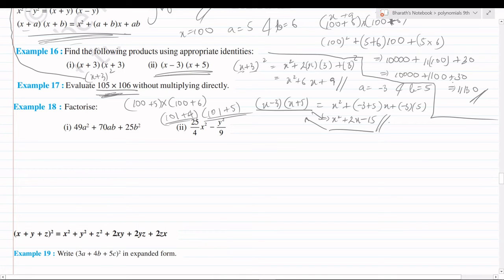Now factorize. We all know that this term has a square in it, and here also square, but 49 is a square of 7. We can rewrite this as 7a whole square, which is the same as 49a square, plus 7a then 5b.